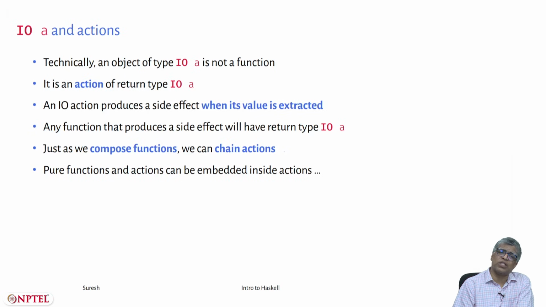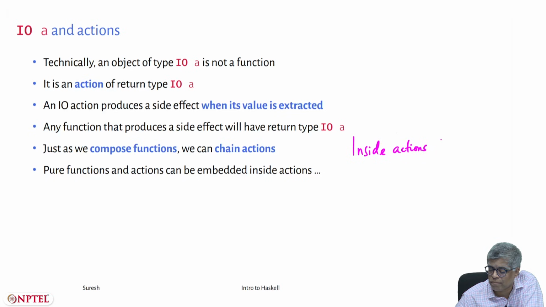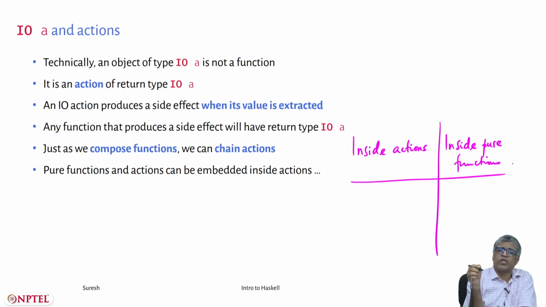So pure functions or actions can be embedded inside actions. So let's write this. What is a pure function? It's just a function that does not have IO in its type. For the moment, let us take this as the definition.